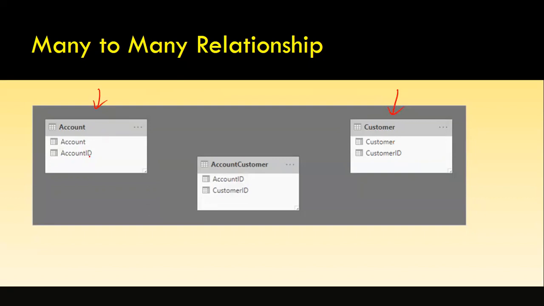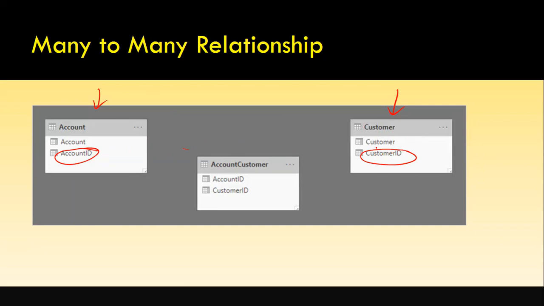Each table has an ID column here. This is your typical dimension table, because in dimension tables you need to have the ID column, the primary key column, which is nothing but the surrogate key column.